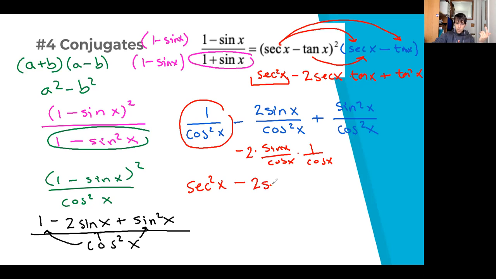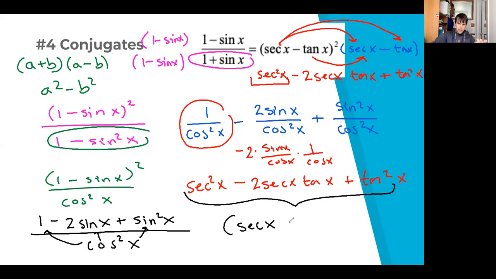And then here, sine over cosine, that's tangent, so that's plus tangent squared. So what I have here actually factors into secant x minus tangent x to the second power.